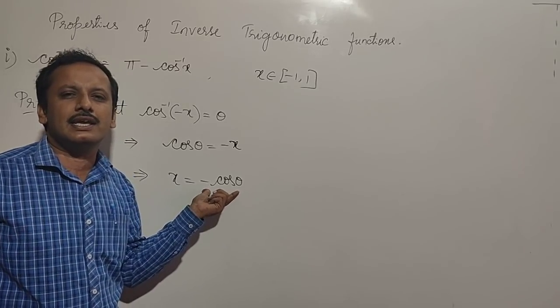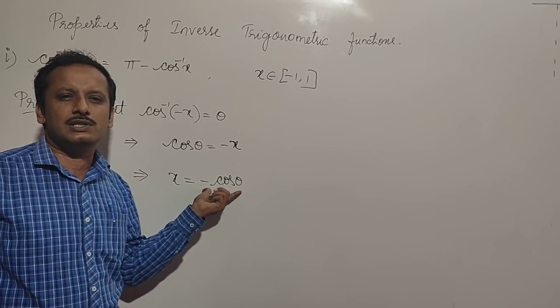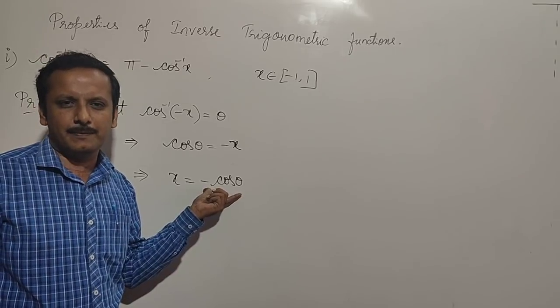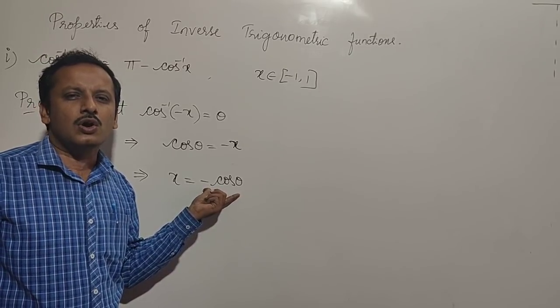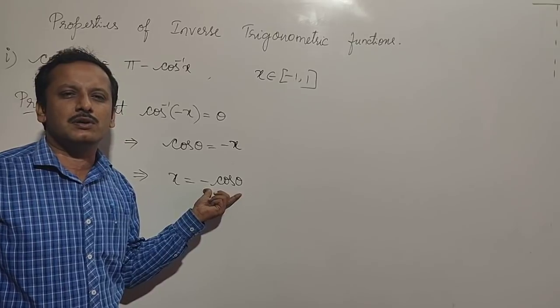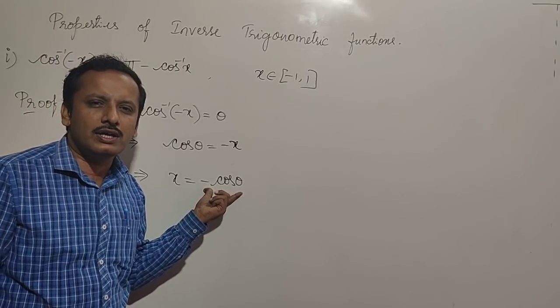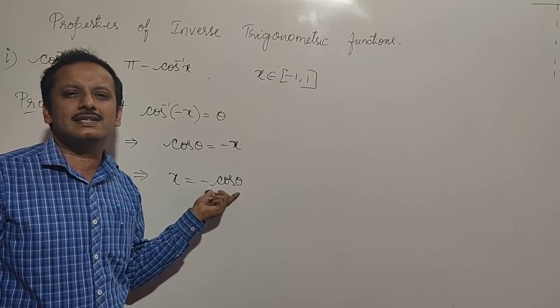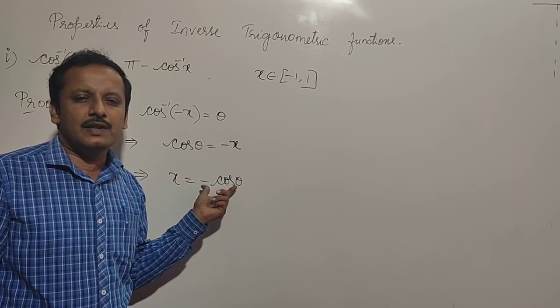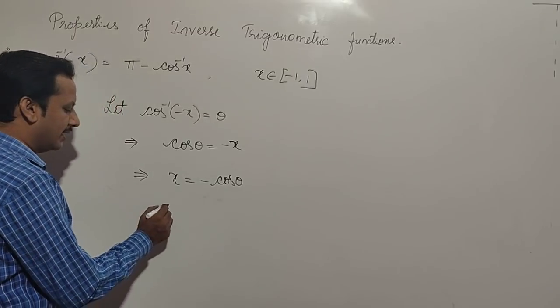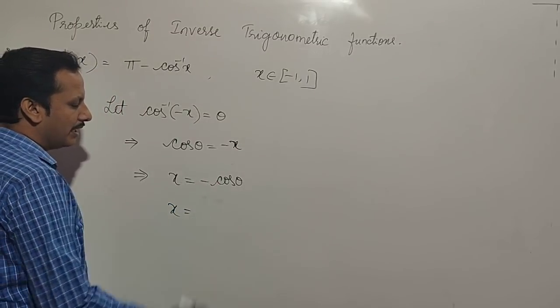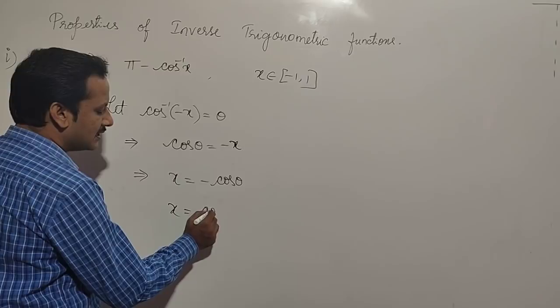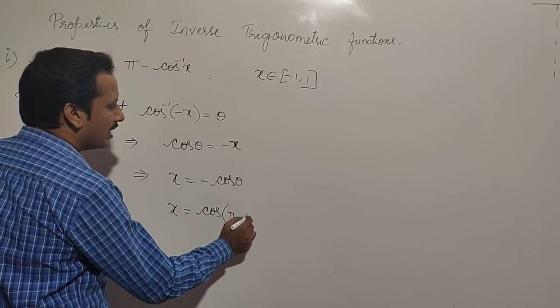Minus cos theta cannot be written as cos of minus theta. As we know, cos of minus theta is equal to cos theta and not minus cos theta. So I cannot write minus cos theta as cos of minus theta. Then what else can I do? What else I can do is, I can write minus cos theta as cos of pi minus theta.